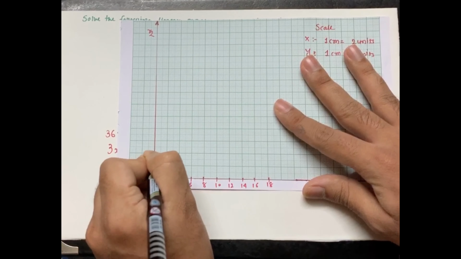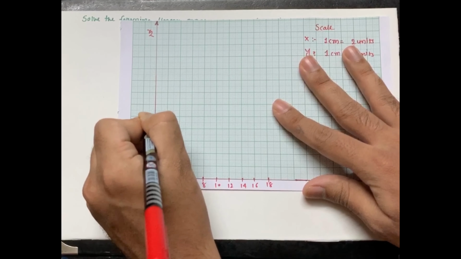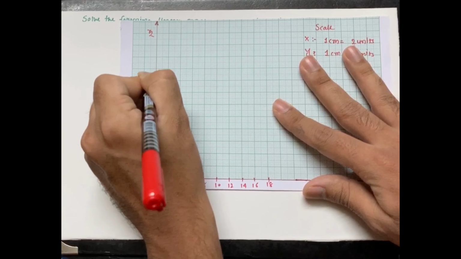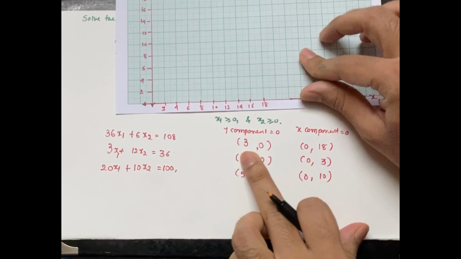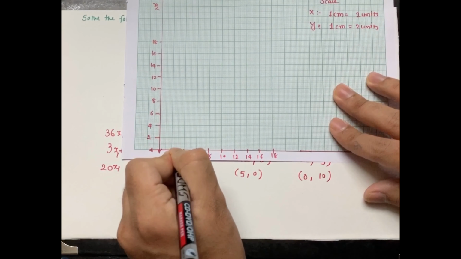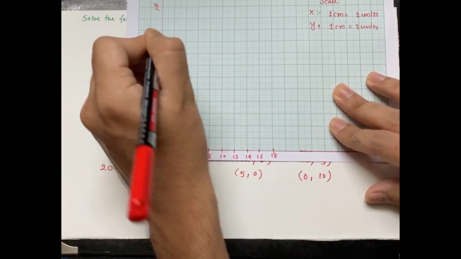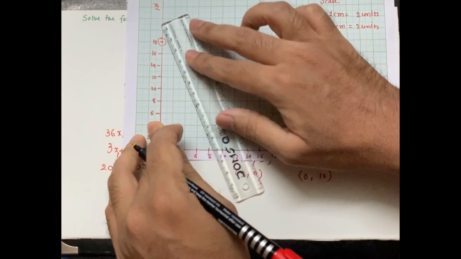Likewise 2, 4, 6, 8, 10, 12, 14, 16 and 18. For the first line, the intercept points are (3, 0) and (0, 18). So 3 is this one, this is (0, 18). Connect these two dots.